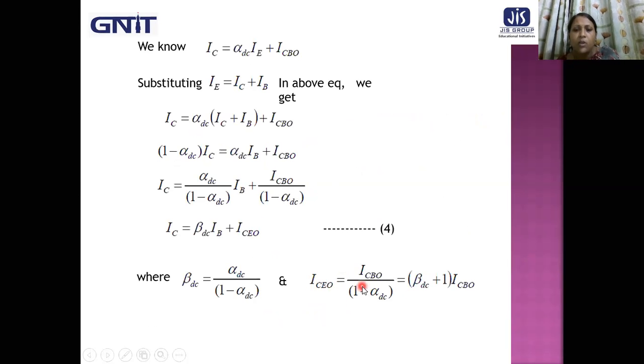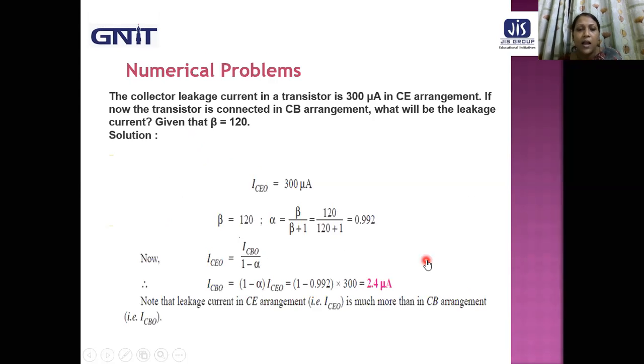Putting in all these values, we get ICBO as 2.4 microampere. So we can see that the leakage current in the CE configuration, ICEO, is much more than in the CB configuration, ICBO.